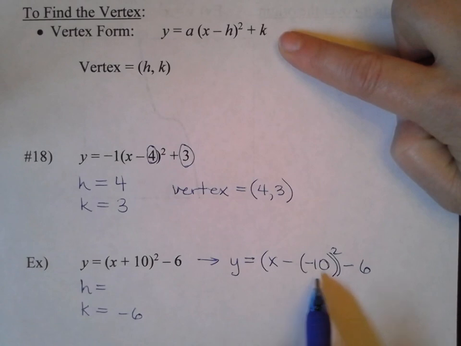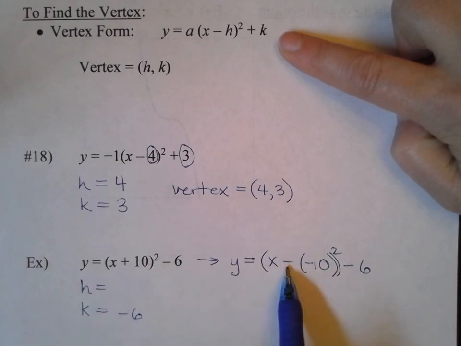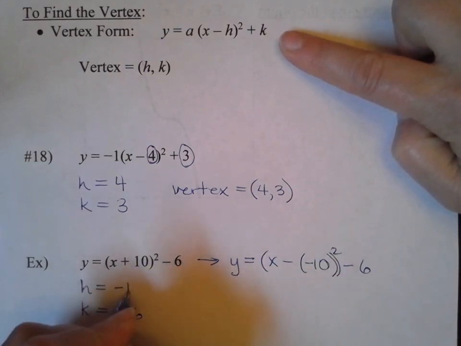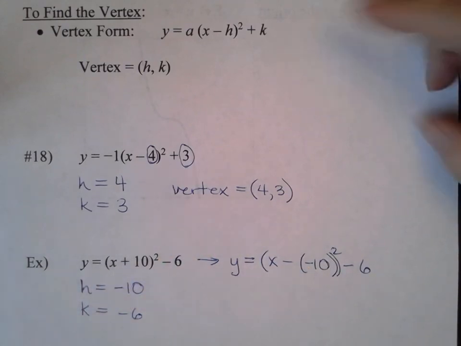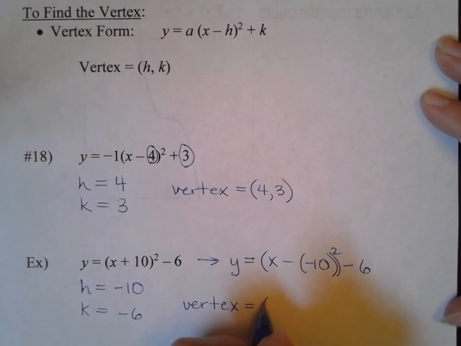By subtracting a negative, it's the same as adding a positive, right? And so I'm rewriting it in a way that matches up with the format. So the h is actually a negative 10. And the vertex for this parabola, if we were to draw the graph, would be at negative 10, negative 6.